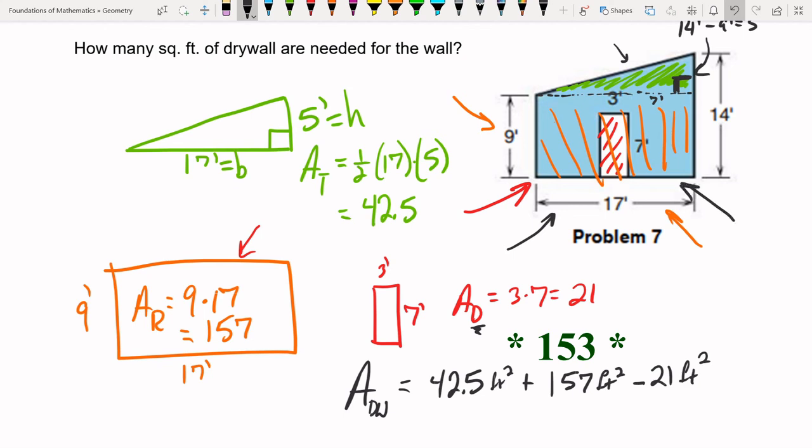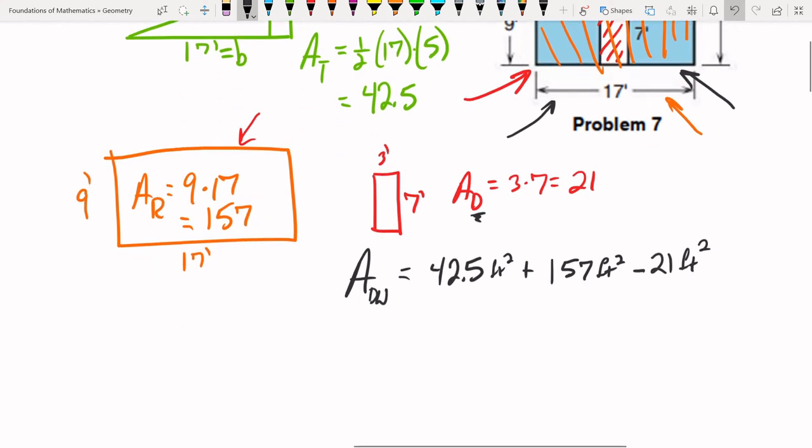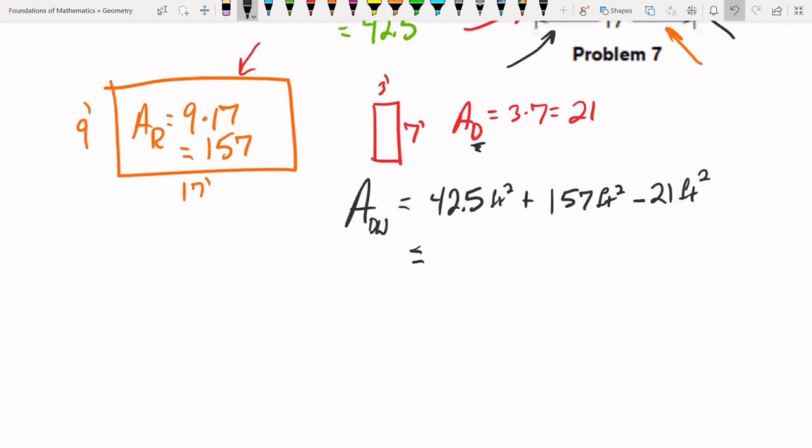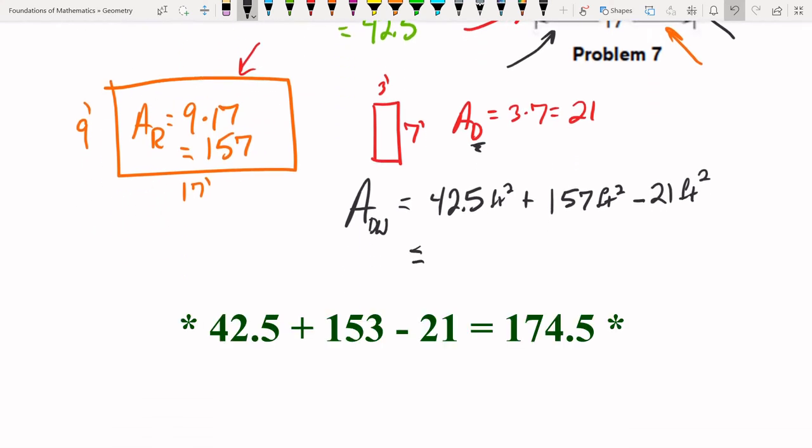We're just going to subtract it off at the end. Okay, adding those up, 42.5 plus 157 minus 21 gives us 178.5 feet squared.